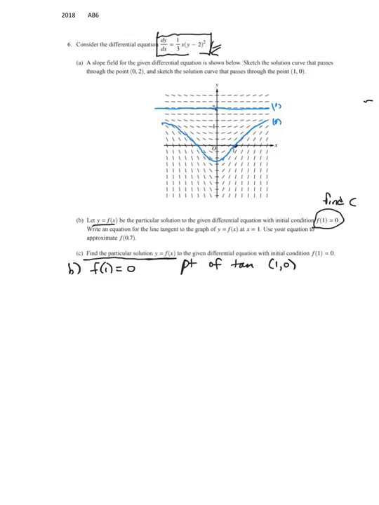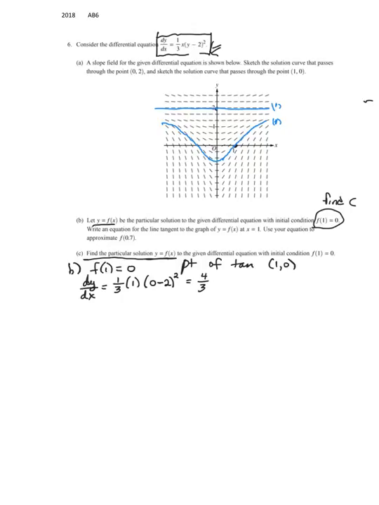To get the slope of the tangent line, we substitute into the differential equation. So we get 1/3 of 1 times 0 minus 2 squared. And when we work that out, the answer should be, I believe, 4/3.